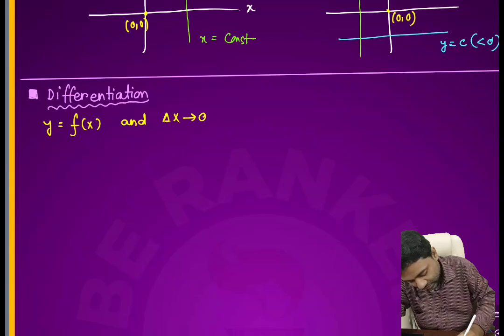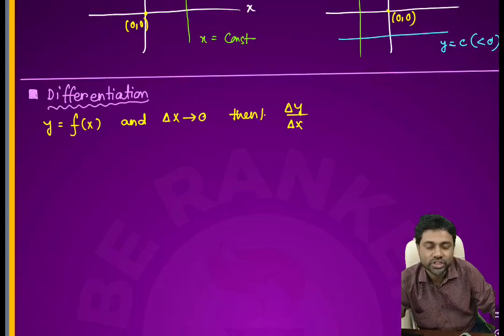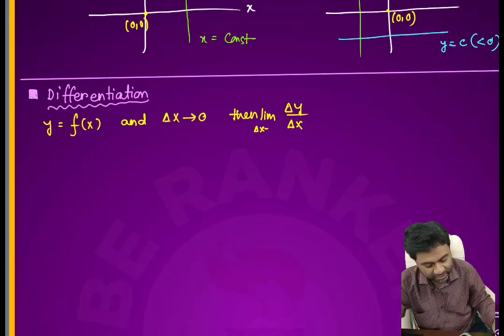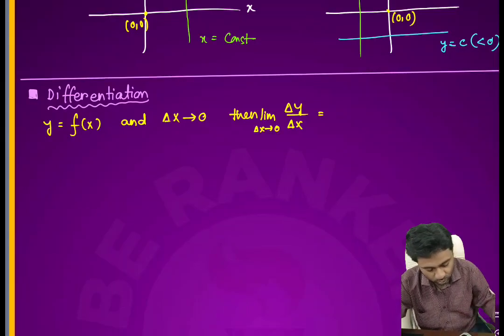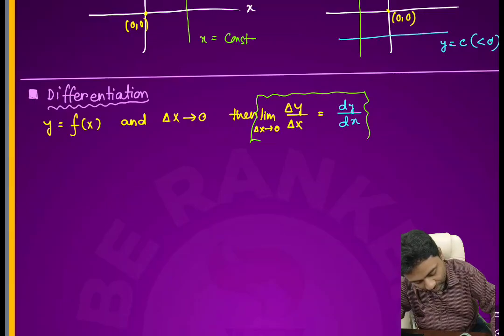If y is a function of x and delta x tends to 0, then delta y by delta x, that is the ratio of the change in y, the increment in y, to the increment of x, with the limit delta x tends to 0, is called the derivative of y with respect to x.